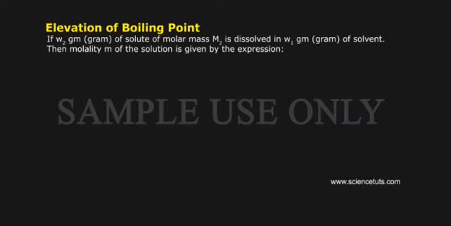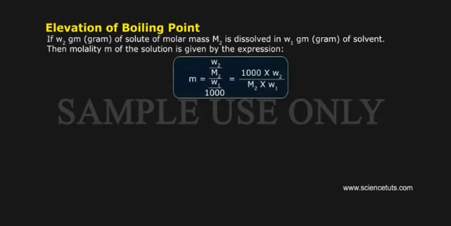If W2 gram of a solute of molar mass M2 is dissolved in W1 gram of solvent, then molality m of the solution is given by the expression m is equal to (W2 by M2) by (W1 by 1000), which is equal to 1000 into W2 by M2 into W1.